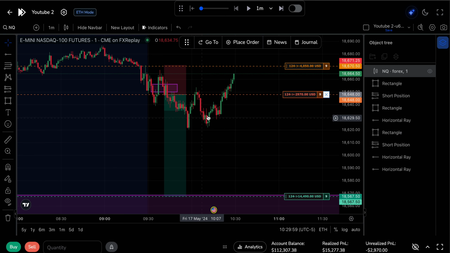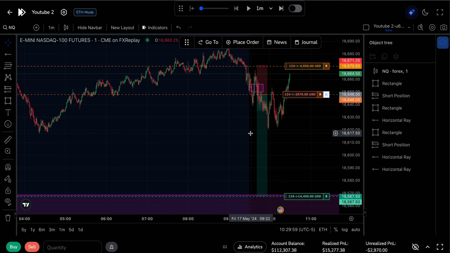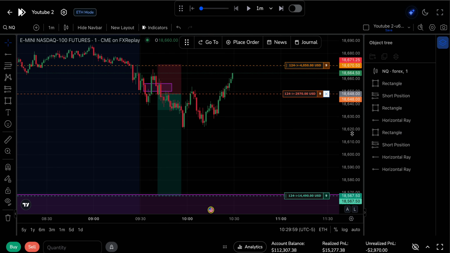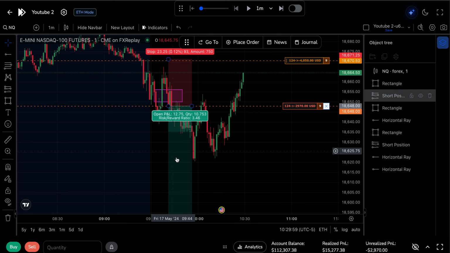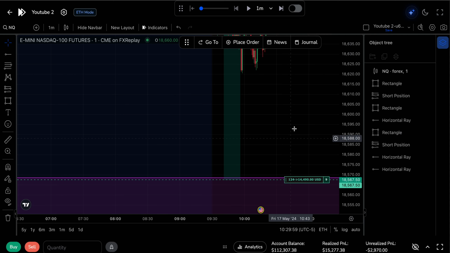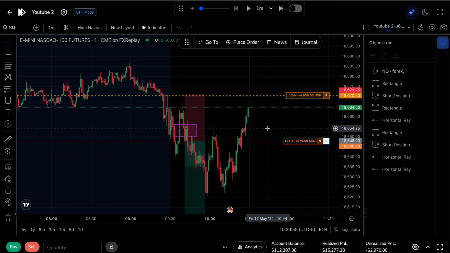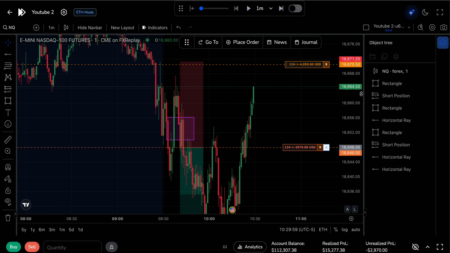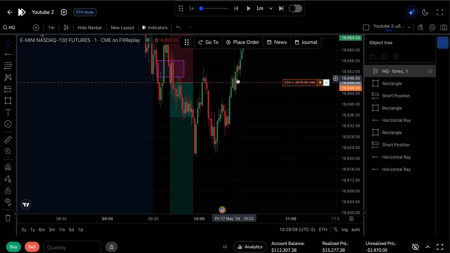Could have gone break even and trailed stop, but I wanted a big aggressive entry here. But again, we could have gone break even at any point here, trailed your stop. So I'm just targeting these bigger things just for the sake of showing you guys what to target. But definitely could have gone break even at any point here.